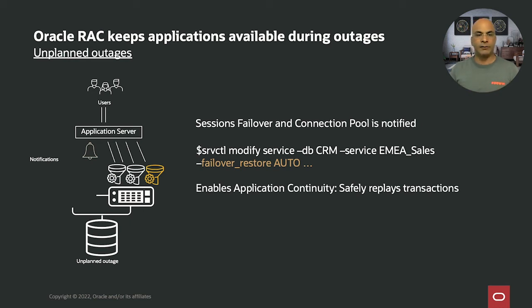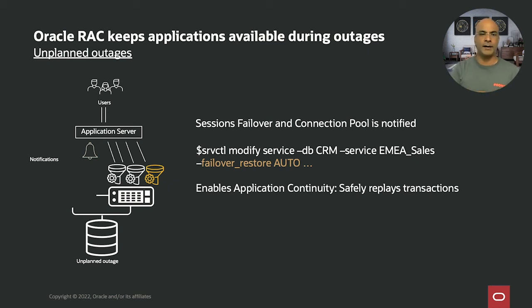So as an application developer, if you're doing 2 inserts and 1 update, you don't need to keep track of it. Once it fails over, if your service is set up with failover restore auto, we will make sure that not only do we fail over the sessions, we continue from where we left off.